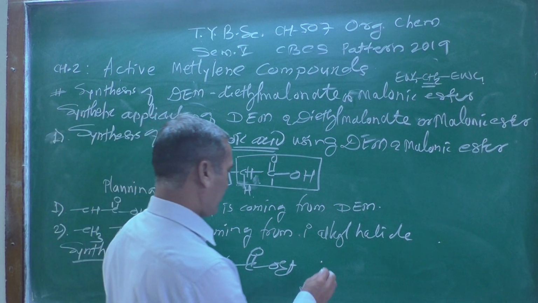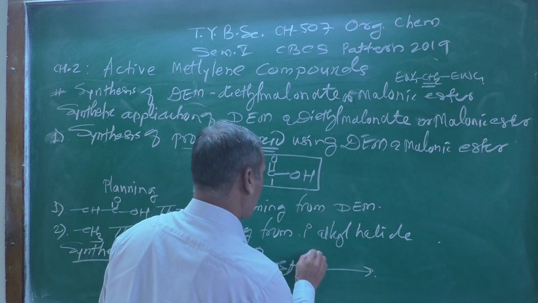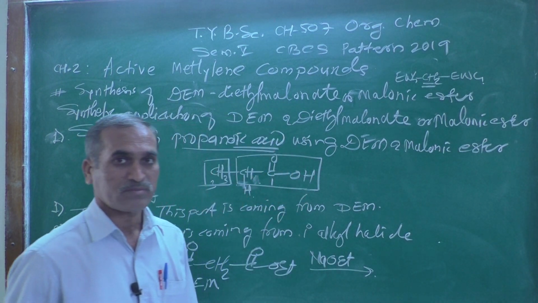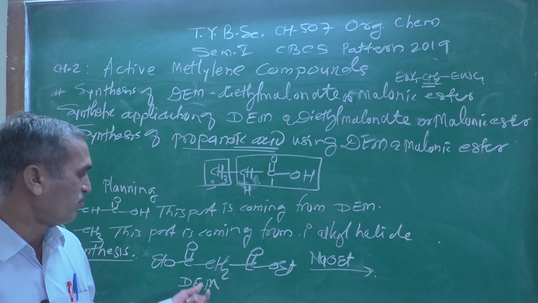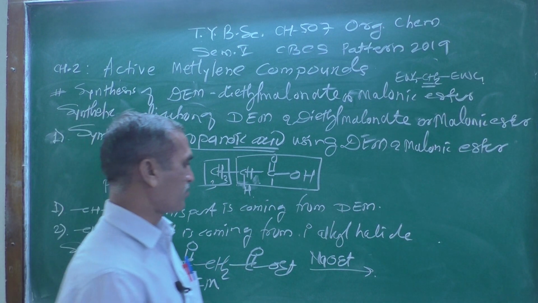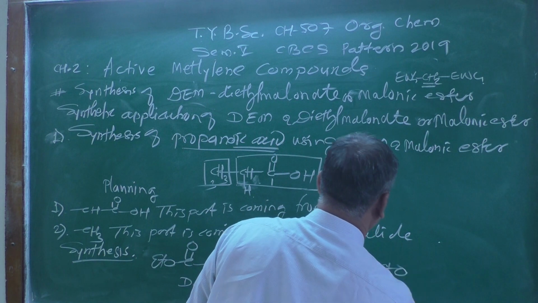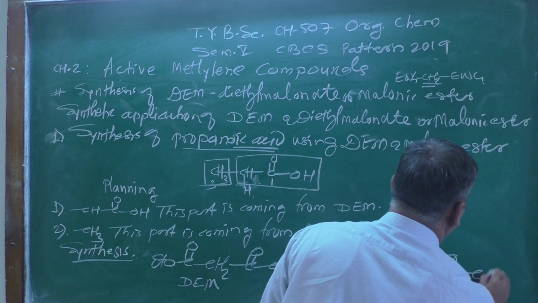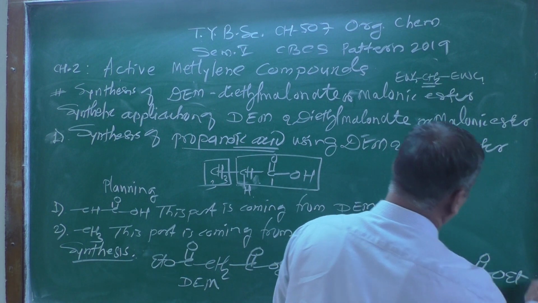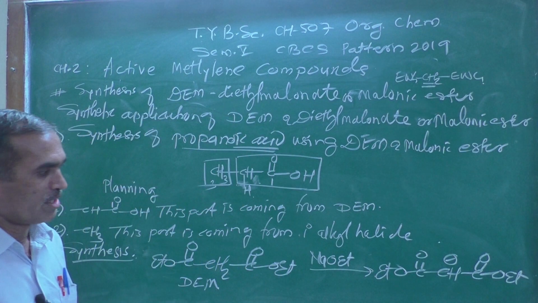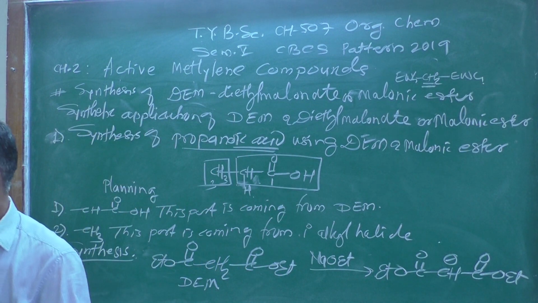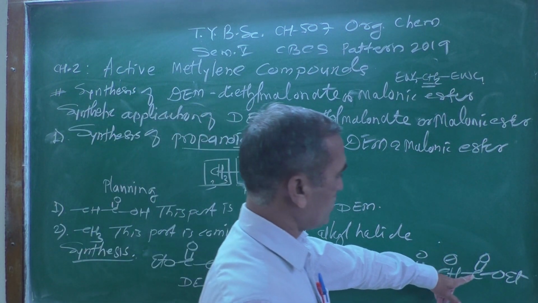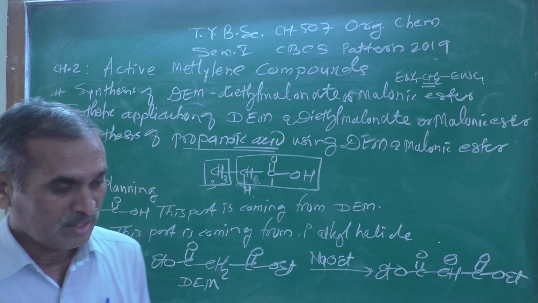The first step, as usual, is sodium ethoxide, a base which will abstract the highly acidic proton. We will get EtO, C double bond O, CH minus, C double bond O, OEt.